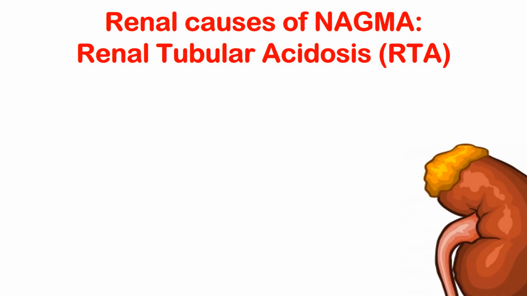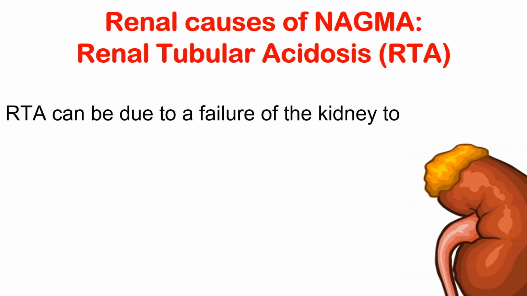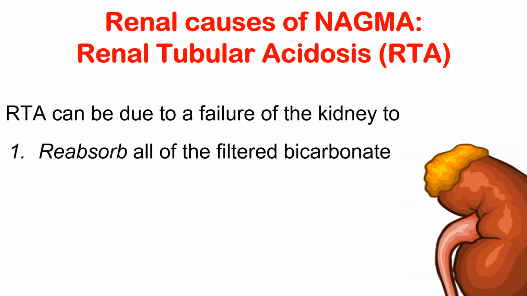The renal causes of non-anion gap metabolic acidosis, or the RTA, can be because of three vital functions of the kidney in maintaining bicarbonate concentration. If the kidney fails to reabsorb all the bicarbonate, that could be a reason for a loss of bicarbonate from the body.